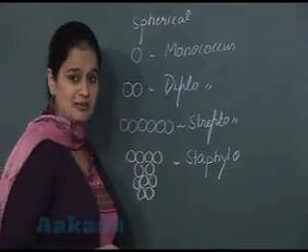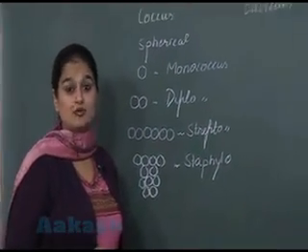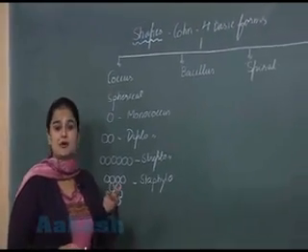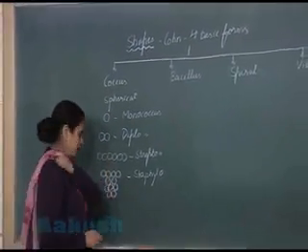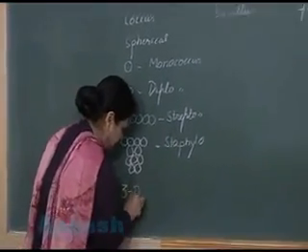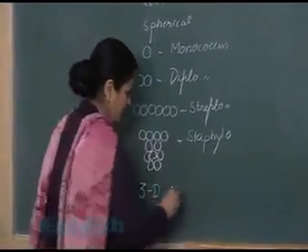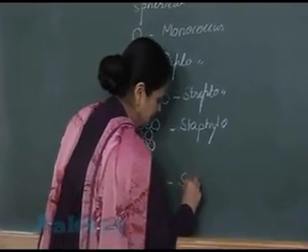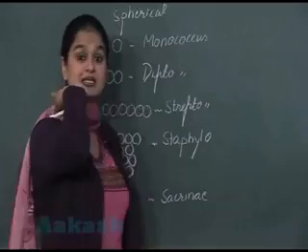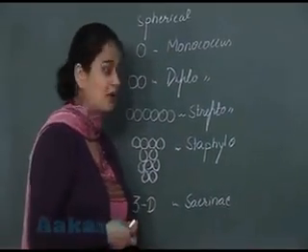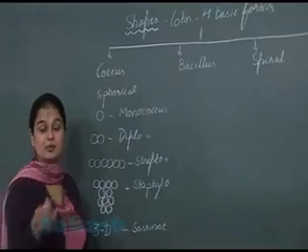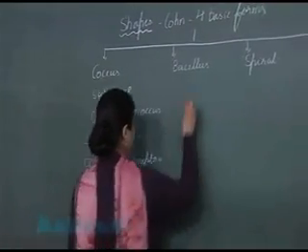Sometimes these bacteria can also form 3-dimensional structures, like the formation of a cube. This type of bacteria represents the Sarcina type. So got this?